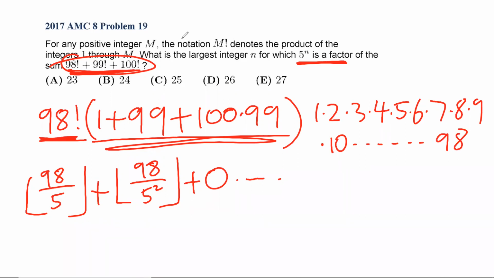To find out the number of 5s that are in this number, obviously you have a 5 here. You have a 5 here in the 10. So it looks like every 5 numbers, you have one multiple of 5. Well, how many sets of 5 numbers are there in the first 98? There's around 98 divided by 5. But 98 divided by 5 is not an integer.